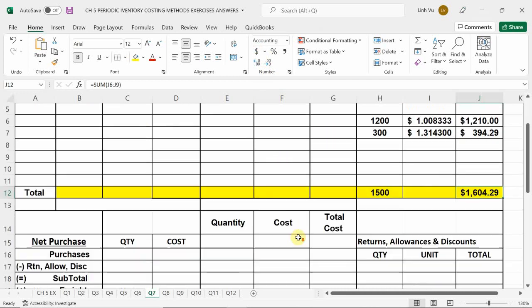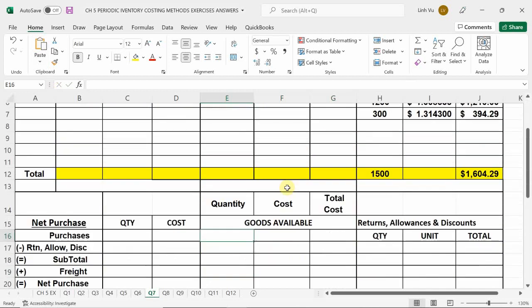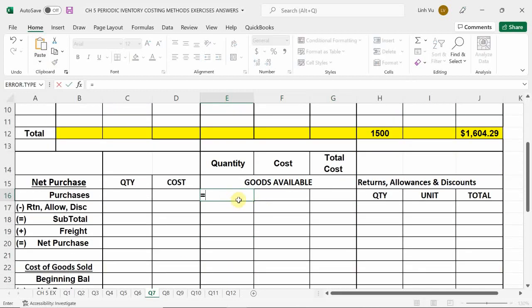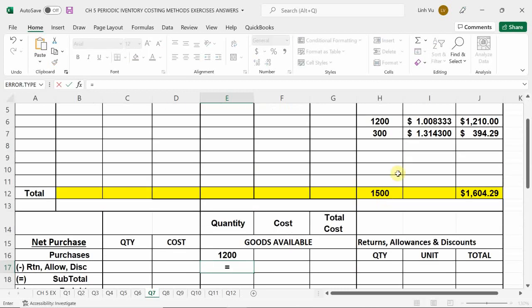Let's go ahead and create our table here for our goods available. Same thing here, we're just going to copy this information because this is our beginning inventory that we're going to be using for our goods available.